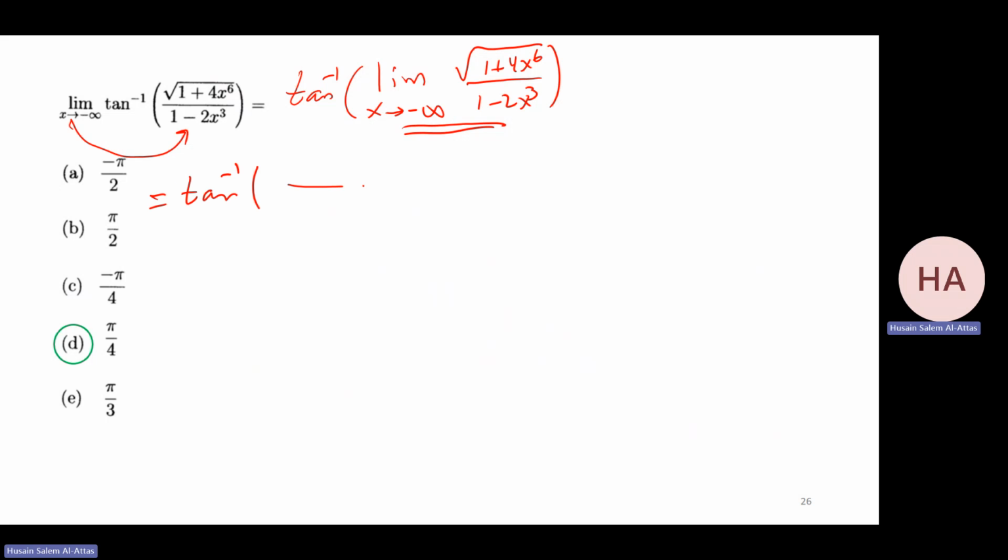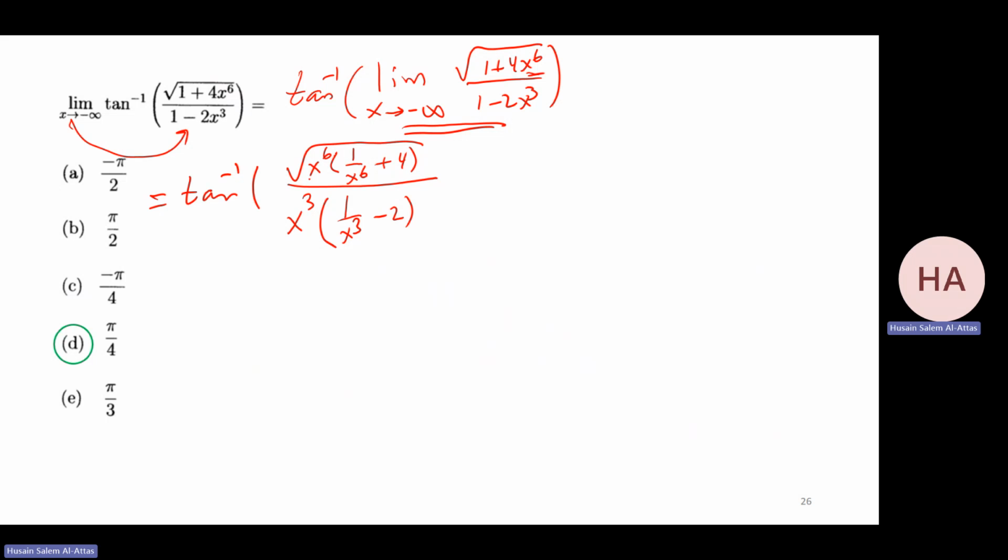I will take x to the power 6 as common factor. So I have 1 over x to the power 6 plus 4 in the numerator. In the denominator I will take x cubed as common factor. You have 1 over x cubed minus 2.